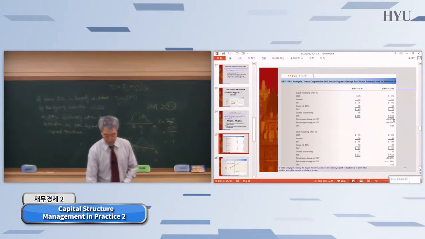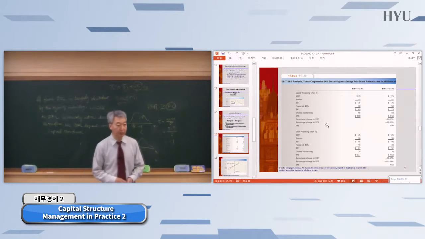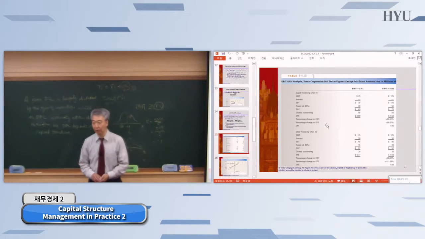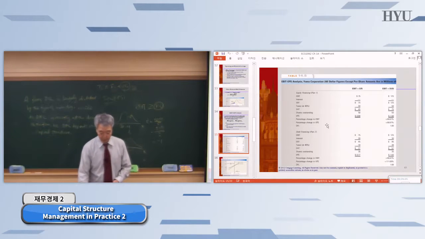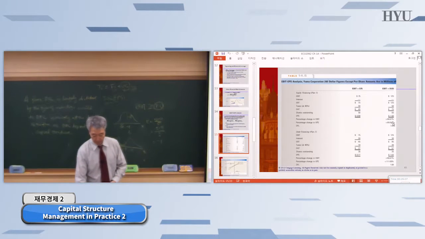So what's the story here? The change in EBIT from 75 to 125 is a 66.67%, so about 67% increase in EBIT. Because the company did 100% equity financing, earnings per share went up by exactly the same rate, 67%.